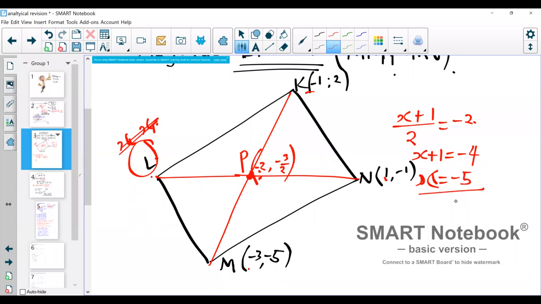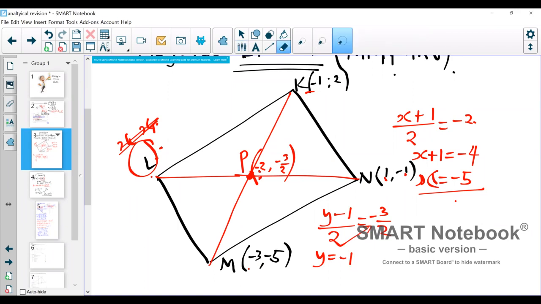What about my Y value? Again, the Y value here plus this. So we have (Y plus negative 1) over 2 equals negative 3 over 2. Can we cross multiply there?